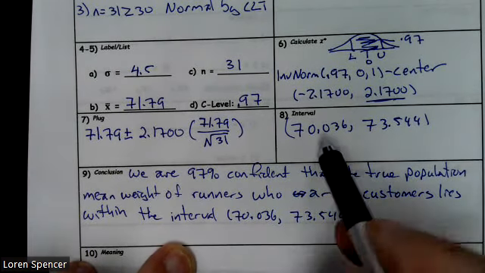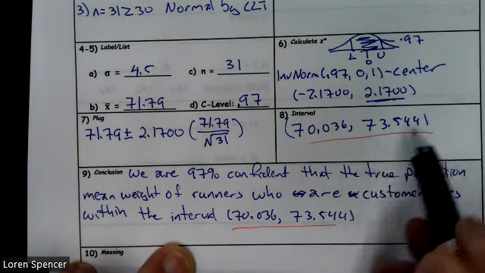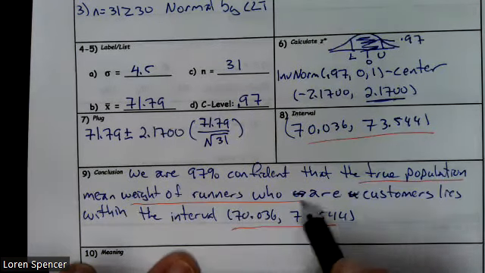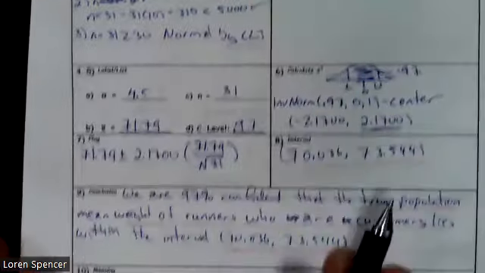We know our interval came from step 8, but please remember the true population mean weight of runners who are customers comes from number 1, our parameter, exactly the same thing.